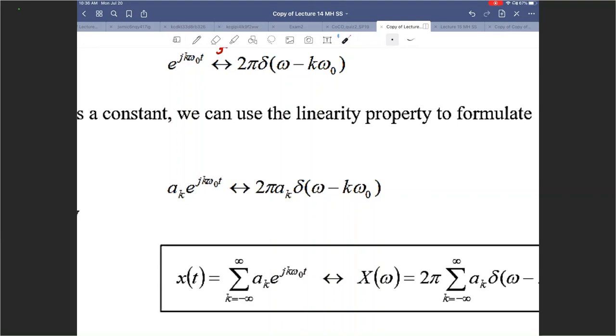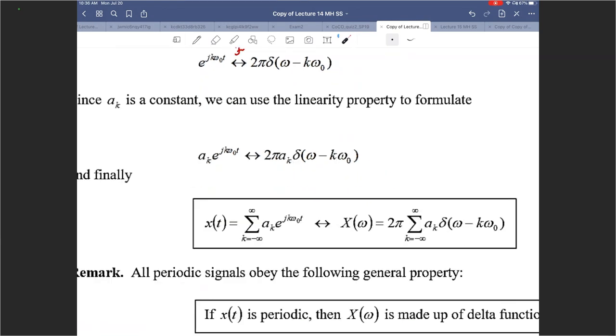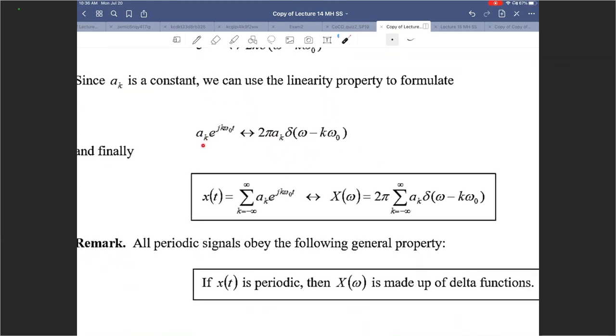Once I do that, because I'm still able to use linearity, additivity is a part of linearity. So if I can add up all the k's, so if I apply a summation on the time domain signal with k going from minus infinity to infinity, that would also mean that in frequency domain, I apply the same summation where k goes from minus infinity to infinity. In other words, what I have in my time domain is that periodic signal after I use linearity.